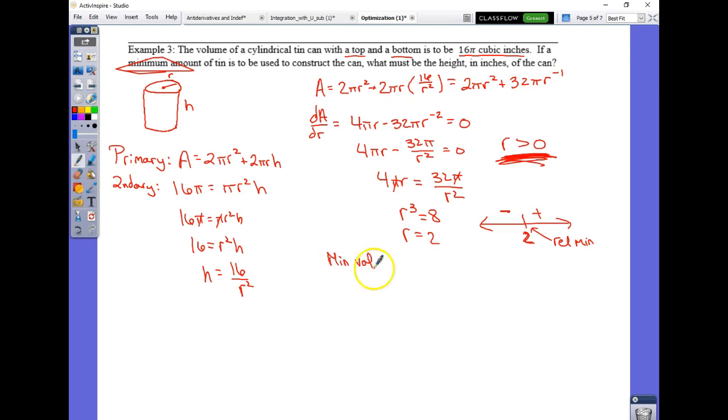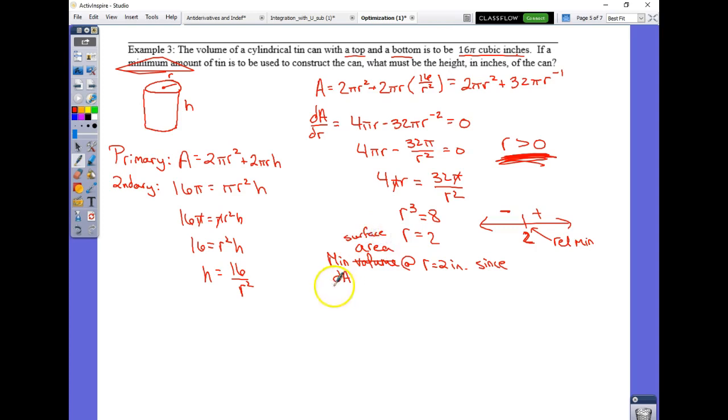So just like in the last problems, we have a minimum volume at r is equal to 2, I believe it was inches. Let me double check. Yes. We have minimum volume, not minimum volume, we have a minimum area, surface area.